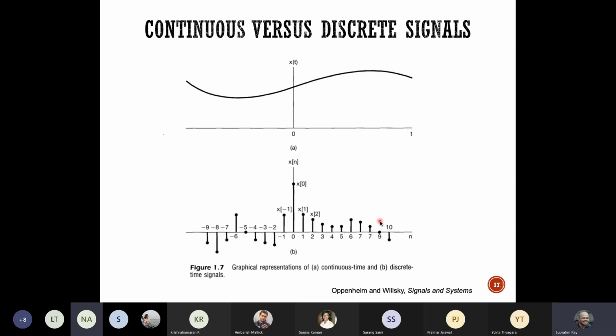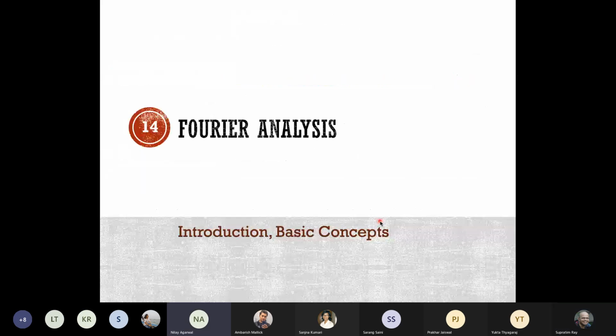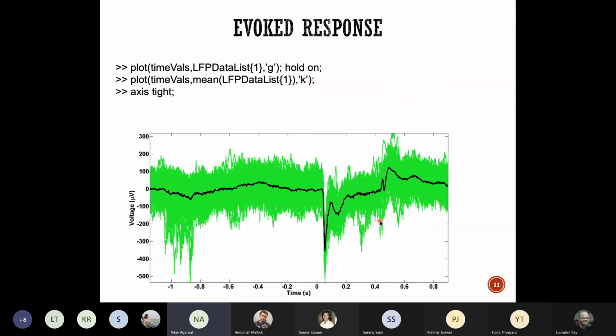Yeah, I had a question on the earlier part. Not Fourier. In the previous slide, why is there no spike in the previous action potential? No signal. Sorry, that's a spike. Oh, because the stimulus that was presented is presented in a random way.